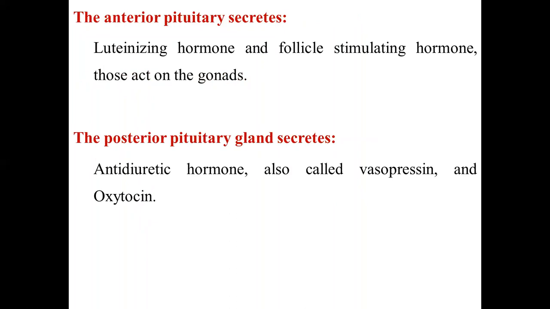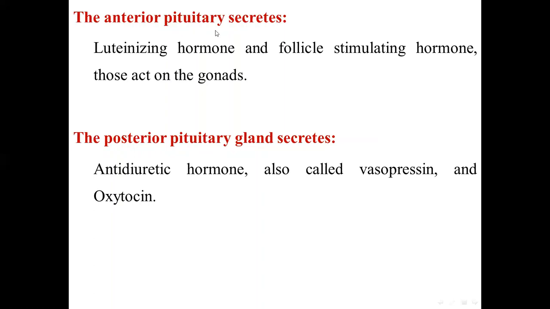So as an example of peptide and protein hormones, the anterior pituitary secretes luteinizing hormone and follicle stimulating hormone. Those act on the gonads. So what is the anterior? In the brain we have a part called the pituitary gland, and we have anterior and posterior parts.